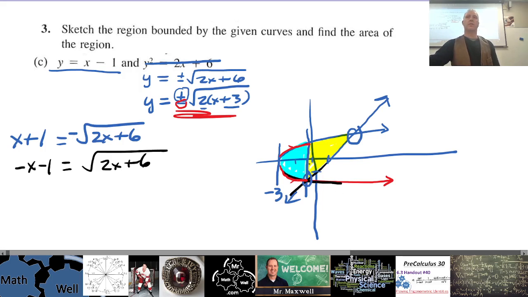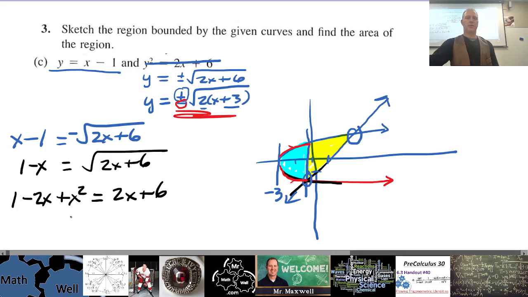Question? Why is it x plus 1? X minus 1, sorry. This should be x minus 1. Thank you. Yeah, x minus 1. So I could square both sides now. So I can change this to 1 minus x. That's a bit more palatable. So I could square both sides, and what do I have? I have 1 minus 2x plus x squared equals 2x plus 6.